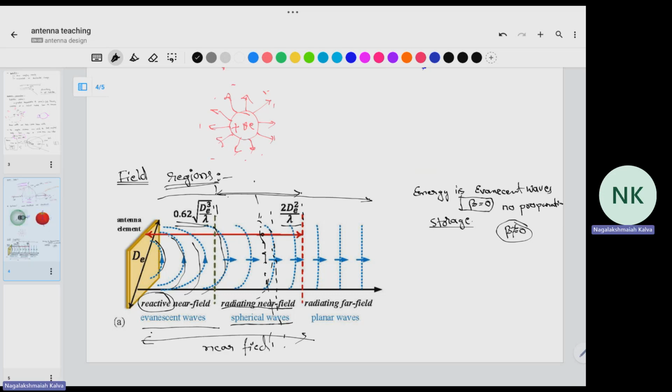So for antenna testing purposes, we always use the far field. The far field is defined by this term, 2 times D squared by lambda, where D is the maximum dimension of the aperture. If you take a rectangle or square, we can't say this is the maximum distance.